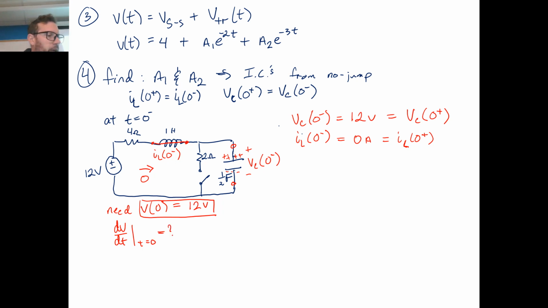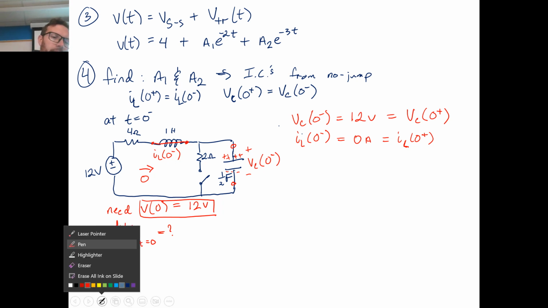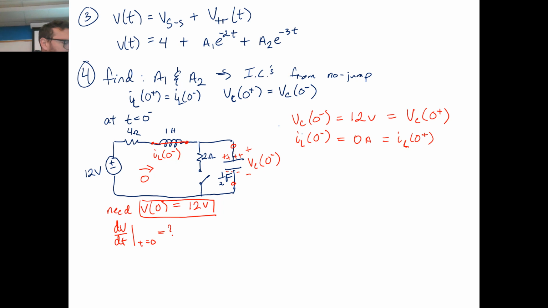All right. Well, we know that dV dt at t equals 0 is equal to IC of 0 divided by C. We've used that relationship several times.